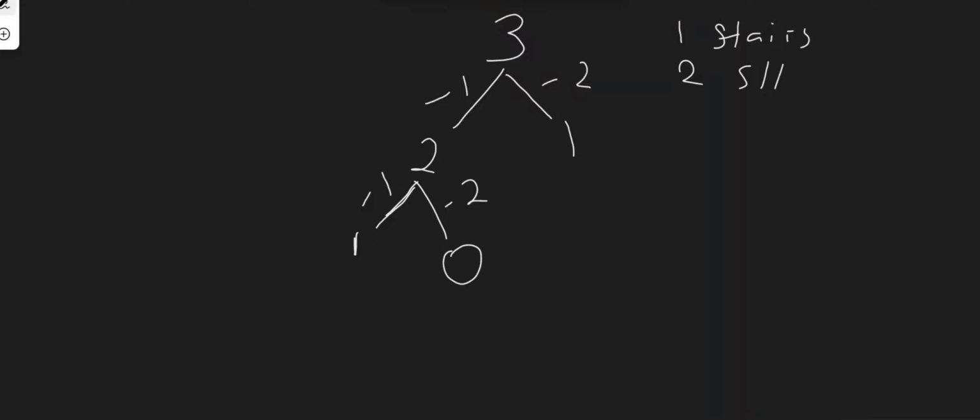So you're either taking one staircase, in which case you would have two more staircases to conquer, or you could take two staircases, in which case you would have just one more staircase to climb. Again, for each step that you've taken now, you can either take one more step, in which case you would have one step to conquer, or you could take two staircases, in which case now you have 0 steps to conquer.